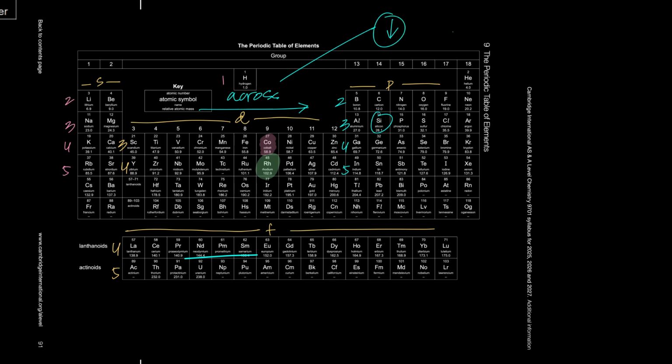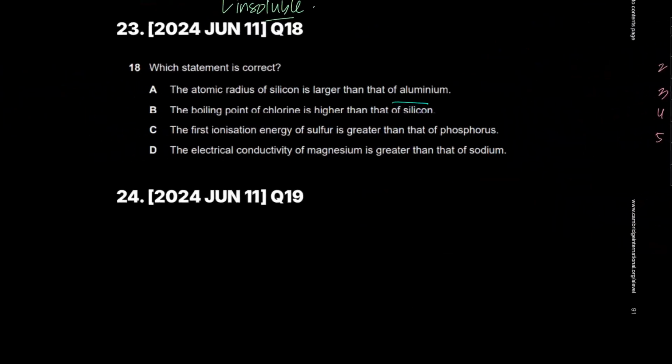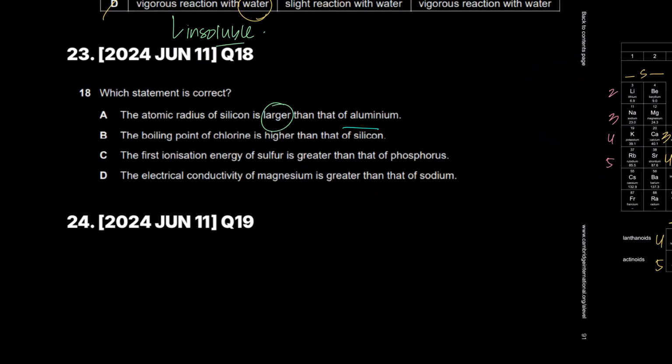The nuclear charge increases, the shielding effect almost remains constant, and so the pull on the outermost electron increases, the effective nuclear charge increases, and therefore the nuclear attraction for the outermost electron increases, pulling in the outermost electron and making the size smaller. So silicon is not larger than aluminum, it's across the period, so silicon is smaller than aluminum, right?